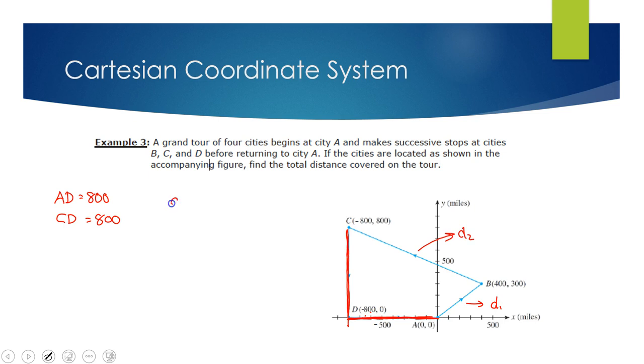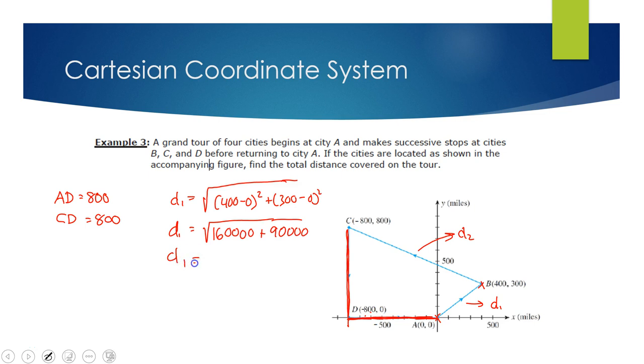So D1 equals, if I go between (0, 0) and (400, 300), I'm going to have 400 minus 0 squared plus 300 minus 0 squared, which means I'm going to have 160000 plus 90000, and that's going to give me 250000, and the square root of that is 500.